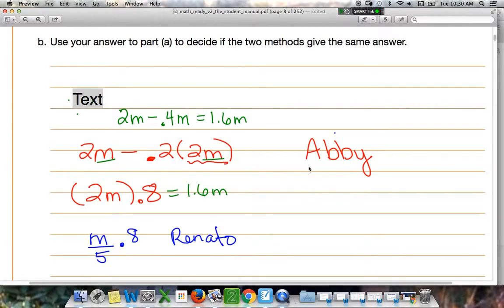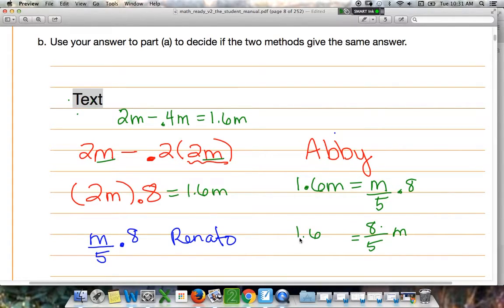So I have to prove that Abby's, which is 1.6m, equals, or maybe it doesn't equal, m over 5 times 8. Well, since this is already one number, I would change this to be 8/5 m. And then there's a couple of ways you can do this.